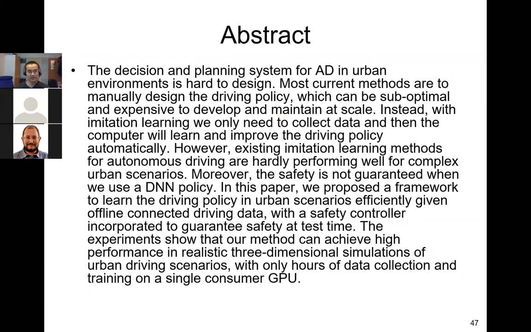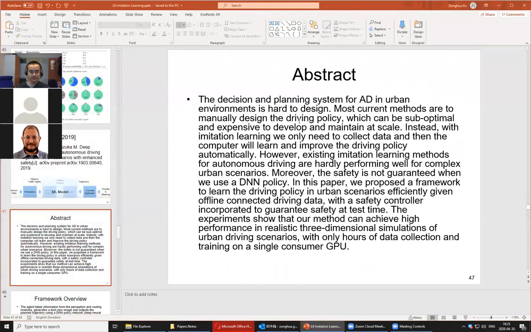So with imitation learning, we only need to collect data, and then the computer will learn and improve the driving policy automatically. However, current imitation learning methods are not performing well. Moreover, the safety is not guaranteed when we use a DNN policy.